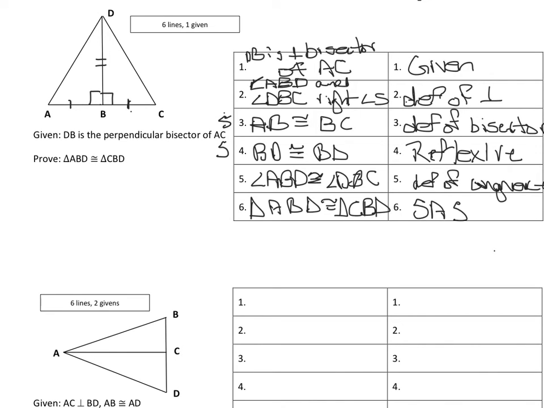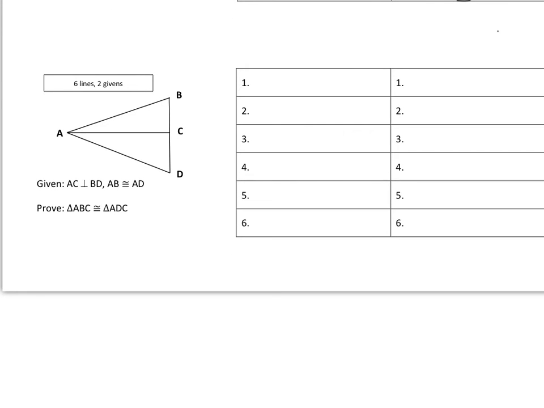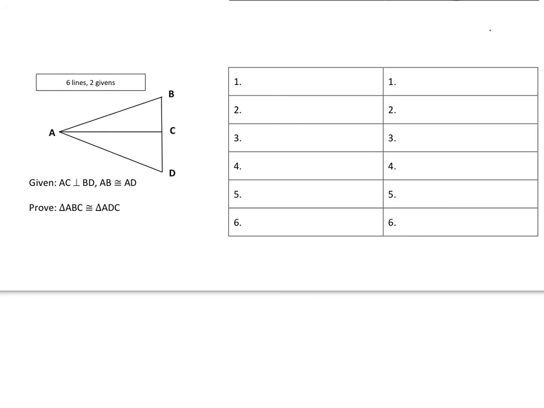This next one, though, you need to be a little careful with this one because, again, you might have a right triangle. You just don't know. So you need to start with the two givens you're given. So I write my two givens first. AC perpendicular to BD.